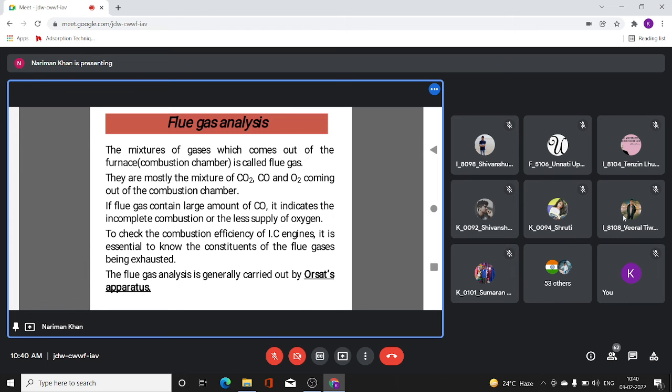When we analyze the mixture of gas coming out from the furnace, it is going to give us the quality of our fuel or the combustion efficiency of our internal combustion engine. It is going to give us the efficiency of combustion.